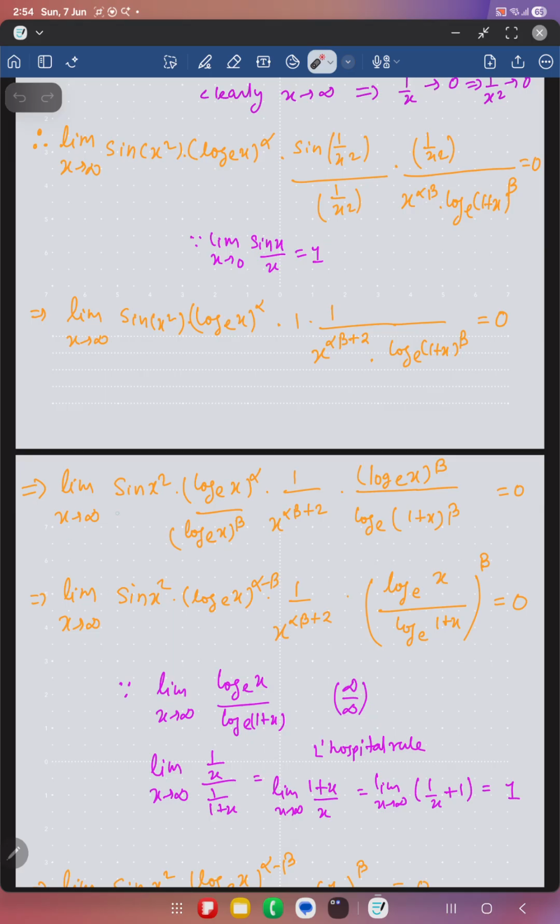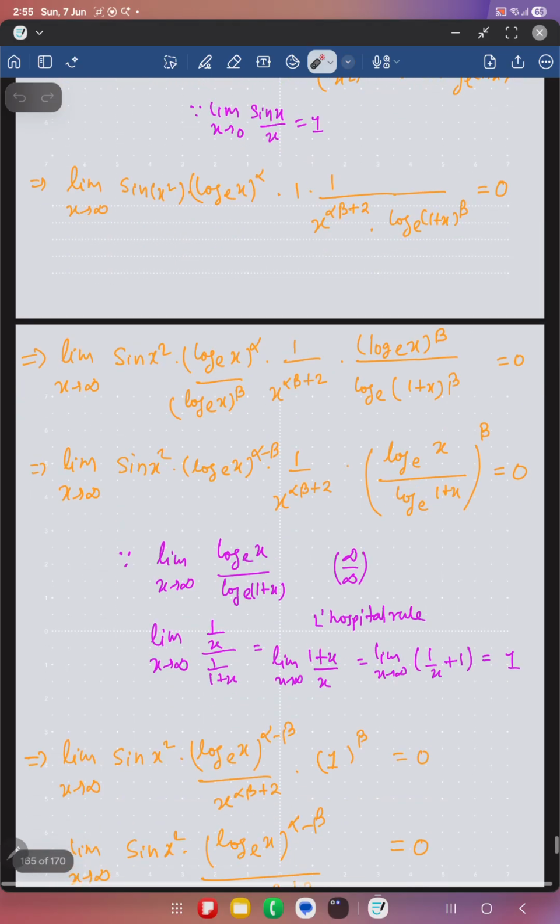This limit x tends to infinity sin x square, this is your extra division, this is your extra multiplication, this was already there log e x power alpha 1 upon x power alpha beta plus 2, and this was already there log e 1 plus x power beta equal to 0. Now limit x tends to infinity sin x square log e x power alpha minus beta, these two are the same so powers will be subtracted, this will be as it is, and this will be log base e x upon log base e 1 plus x whole to the power beta equal to 0.